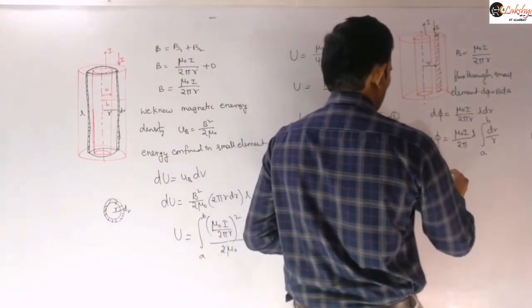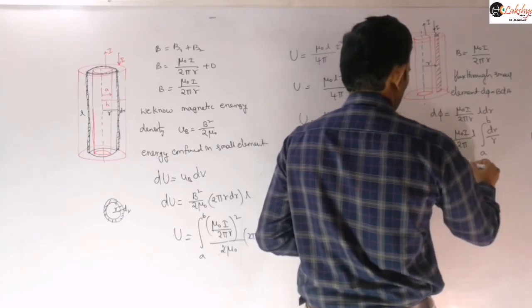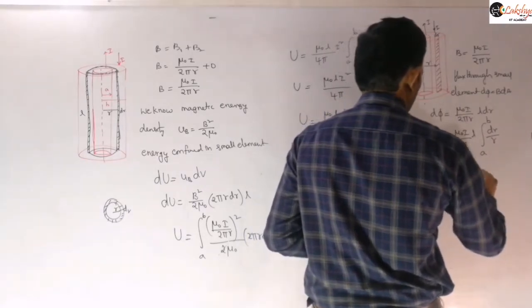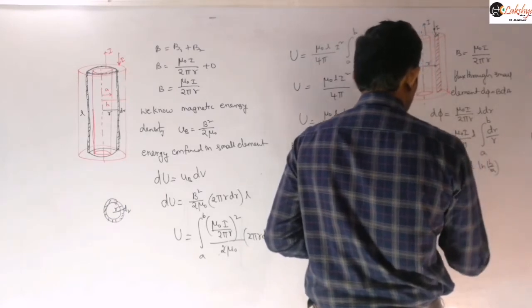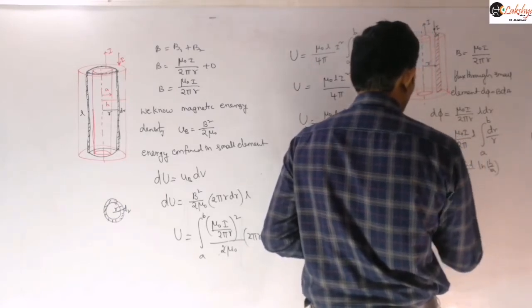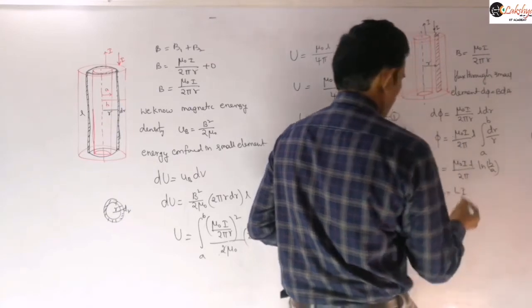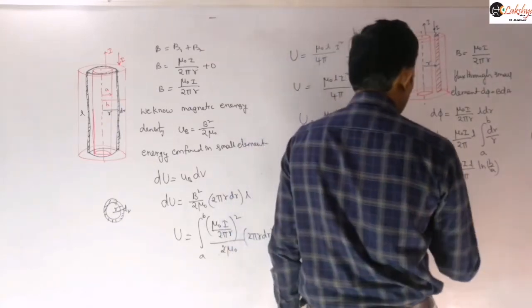Therefore the flux is mu naught I l by 2 pi into ln b by a. You compare this value with the equation flux equals L i, and then you can write the L value.